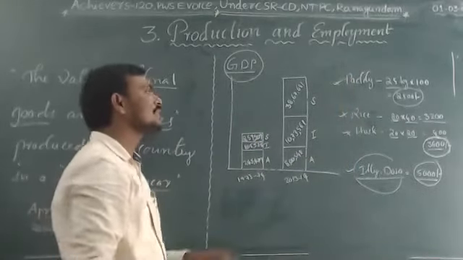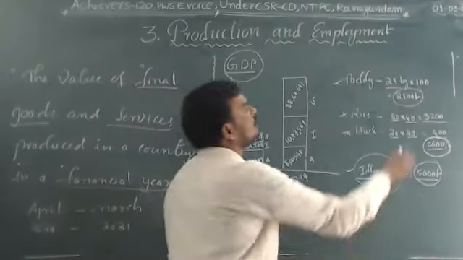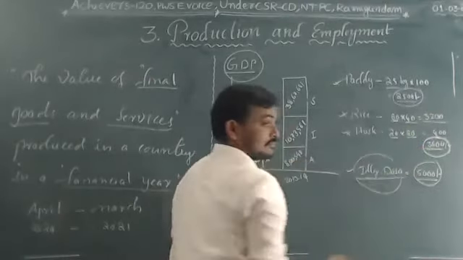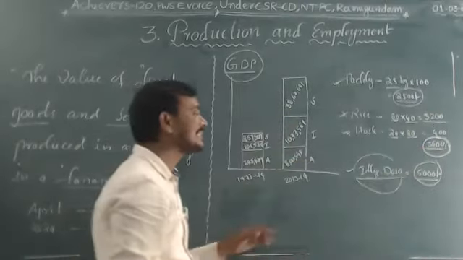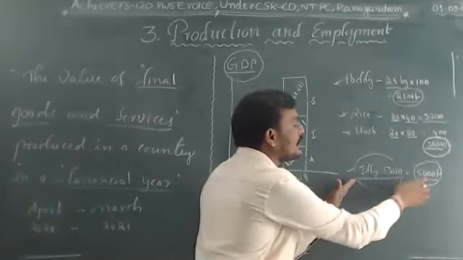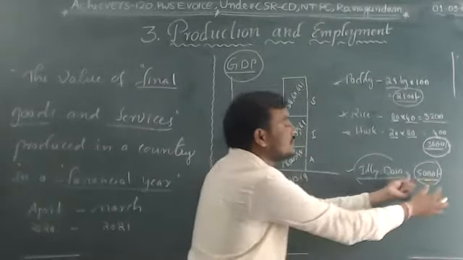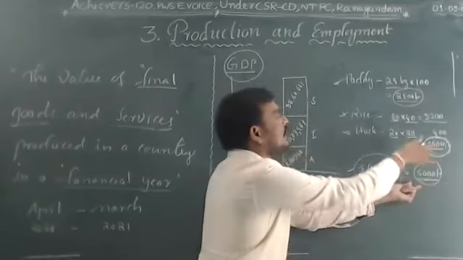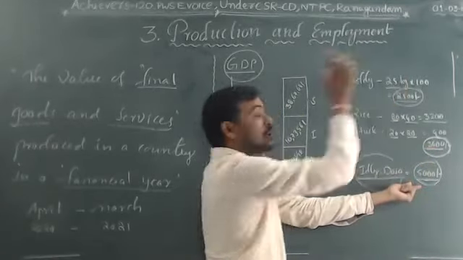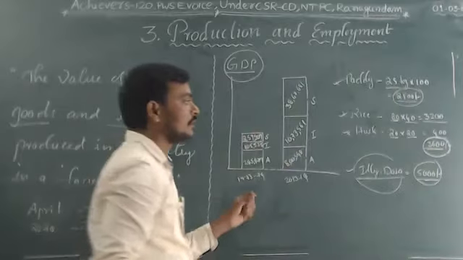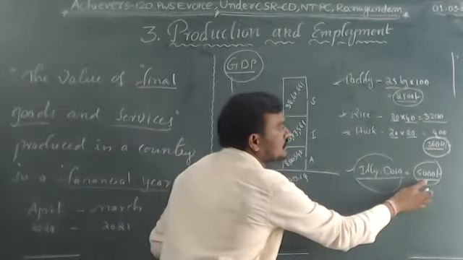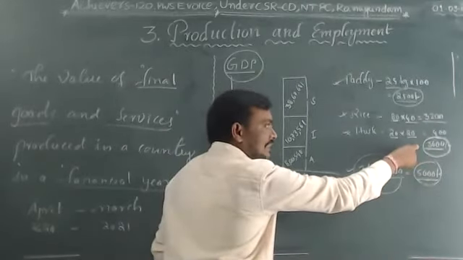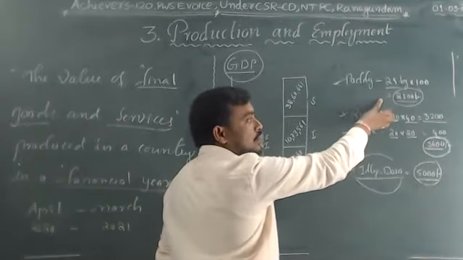Isn't it? But what about the value of paddy and rice? The value of idli and dosa is 5,000 rupees. This value includes the value of rice and the value of paddy also.